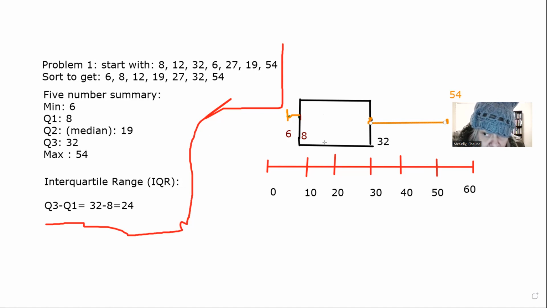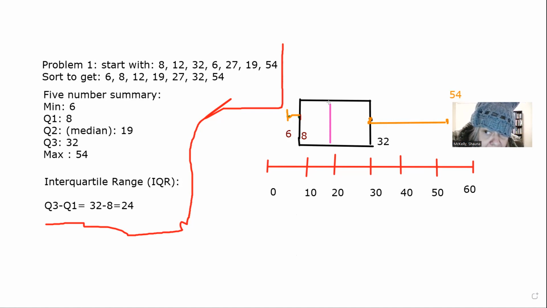This is a case where here's our median somewhere here where the pink line is. Let me find my cursor. There it is. It seems to be wandering, lost and confused. Okay, 19, right about here.